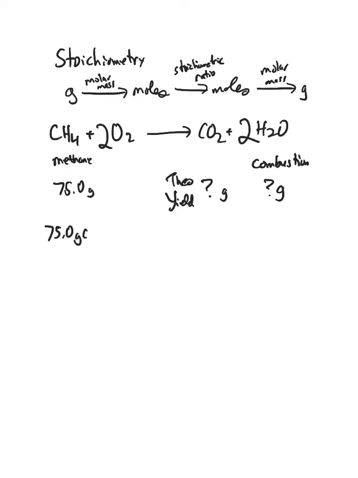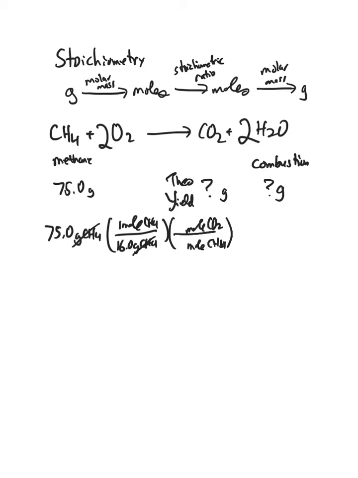75.0 grams of methane. 1 mole of methane is the same as 16.0 grams of methane. Get that from the periodic table. Grams methane divided by grams methane. Now we need our stoichiometric ratio to convert moles methane to moles carbon dioxide.